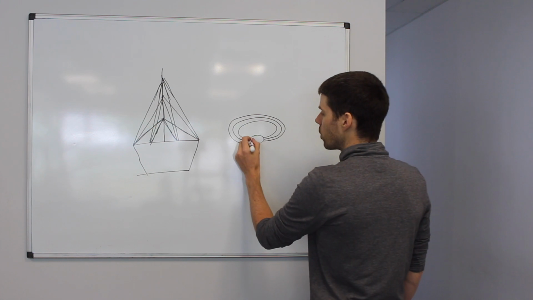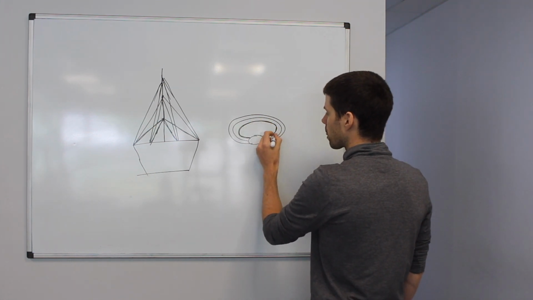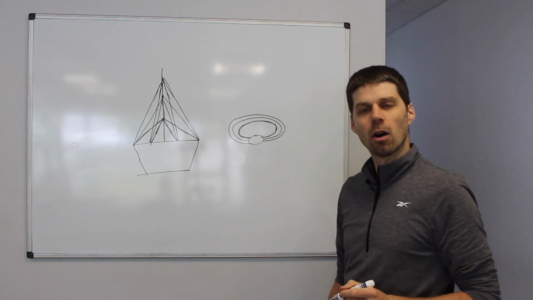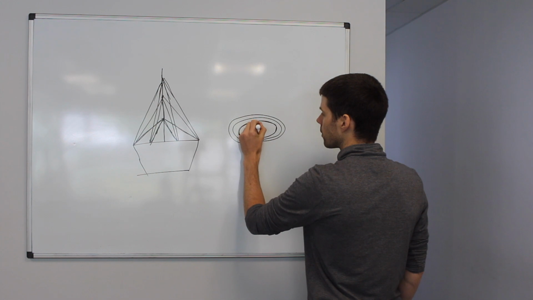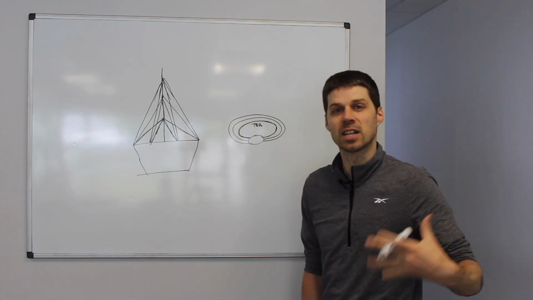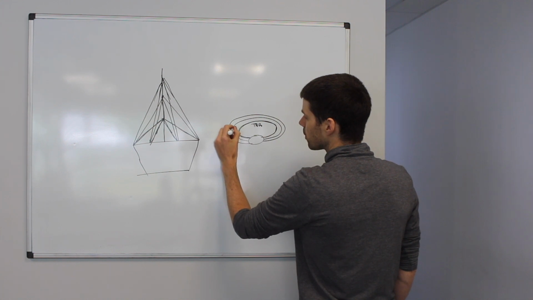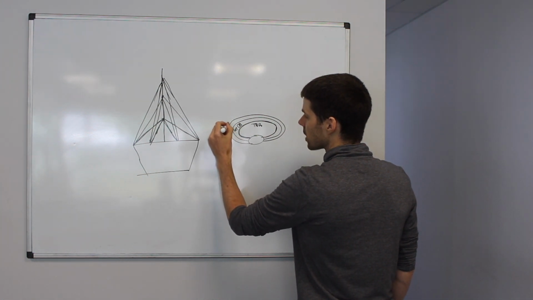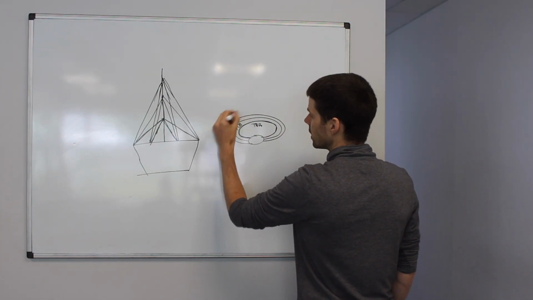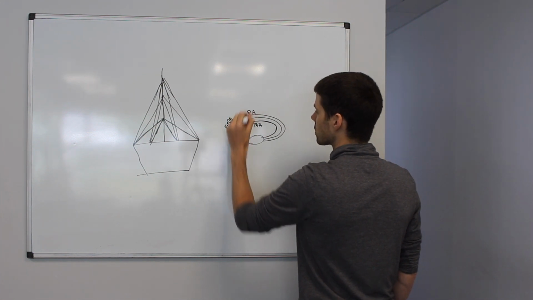What we don't want is just this inner ring of muscles working. So this might be TVA, transverse abdominis. Then we start looking at internal obliques, and then, let's just say, external obliques and rectus abdominis.